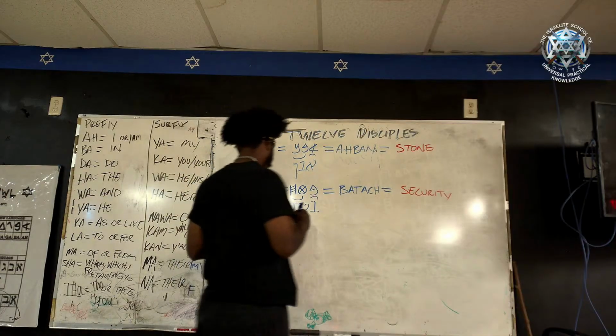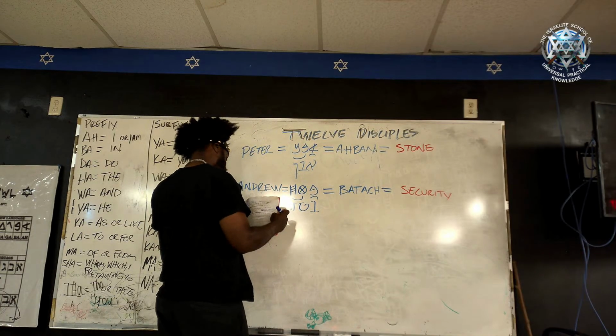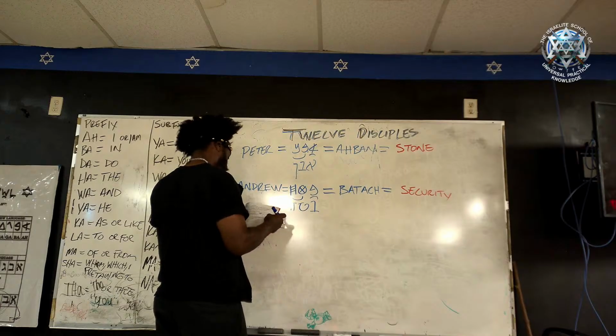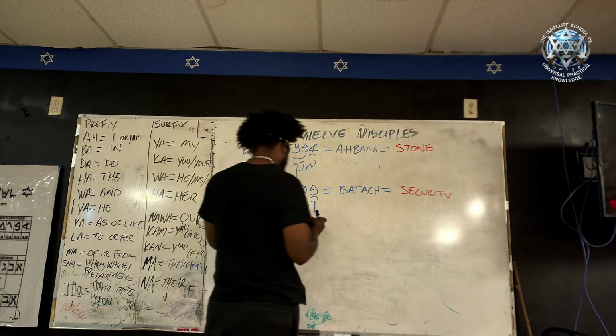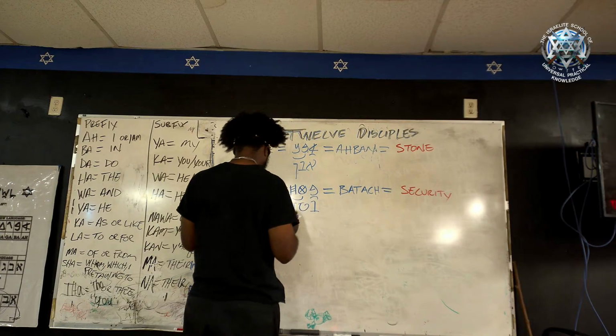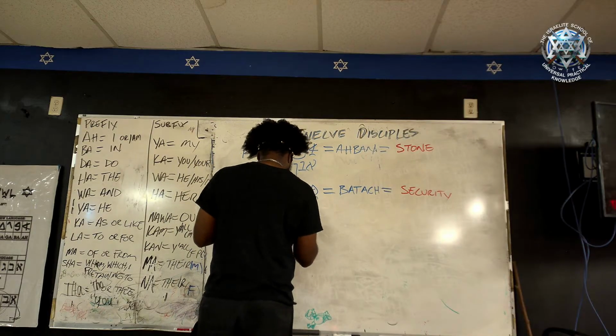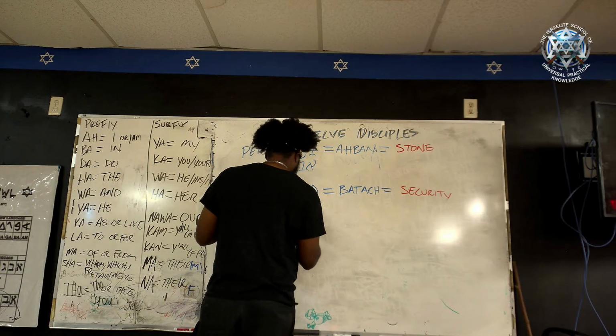So next we're going to do James. This is a name that everybody should know. It is a name that you're going to see over and over in the Bible.